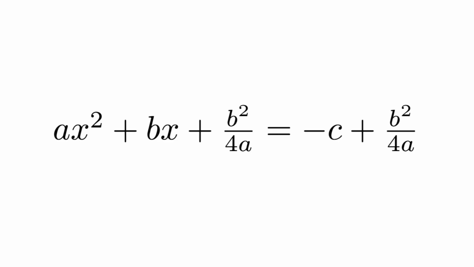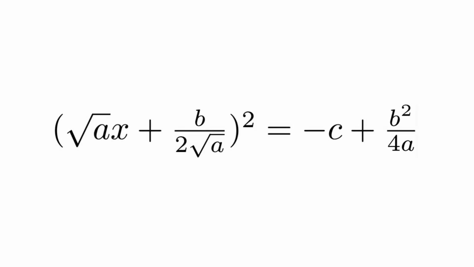We can now use our factor for the left and get (square root of a times x plus b over 2 times the square root of a), all squared, which equals the rest.